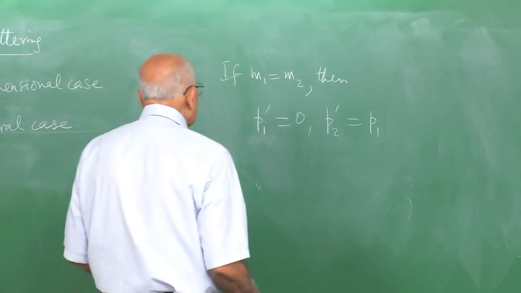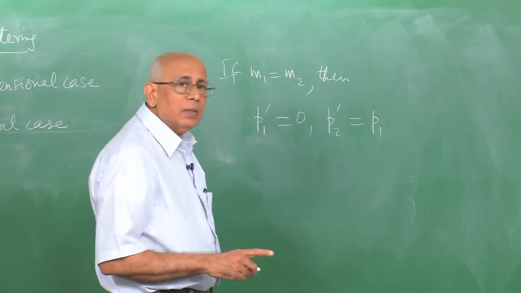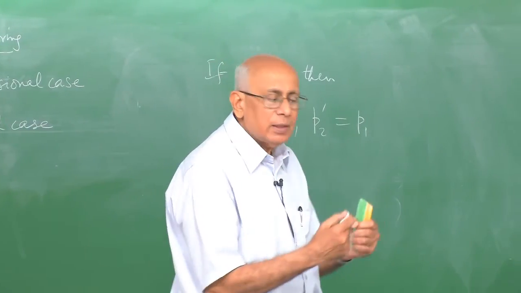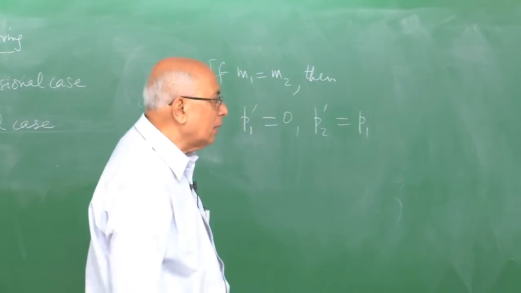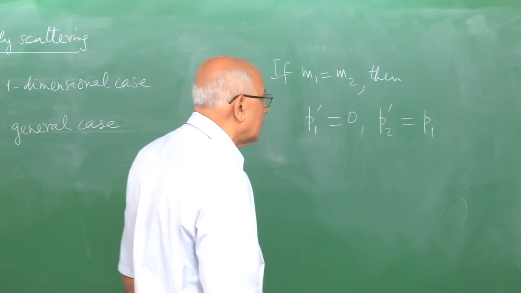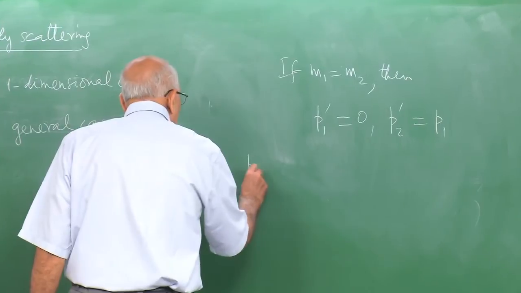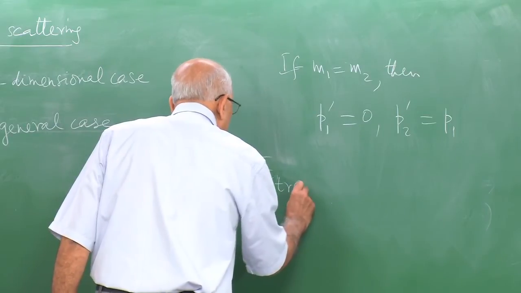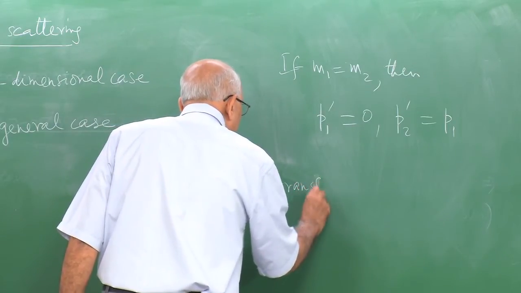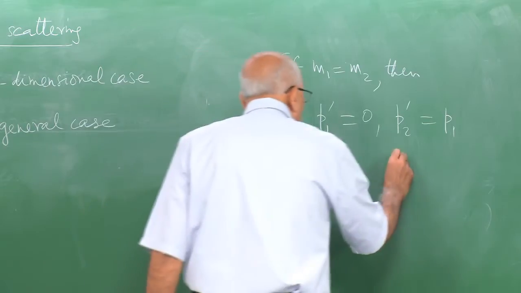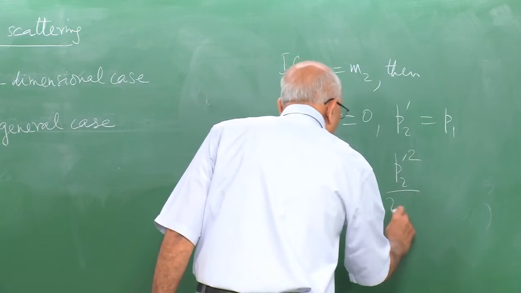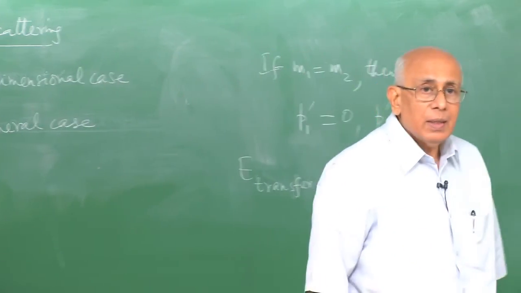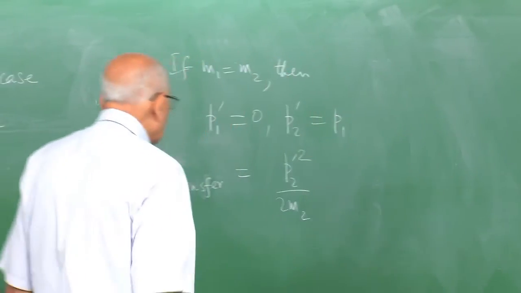What's interesting is to ask, what is the amount of energy transferred in this process to the target? How efficient is it to transfer energy from the projectile to the target by giving the initial projectile a certain amount of energy? Well, we know that the energy transferred, E transfer, is equal to P2 prime squared over 2m2, because the initial kinetic energy of the target was 0 and now it's acquired the amount of energy P2 prime squared over 2m2.